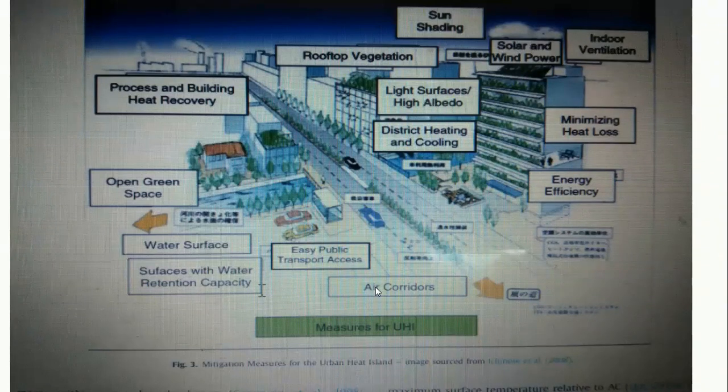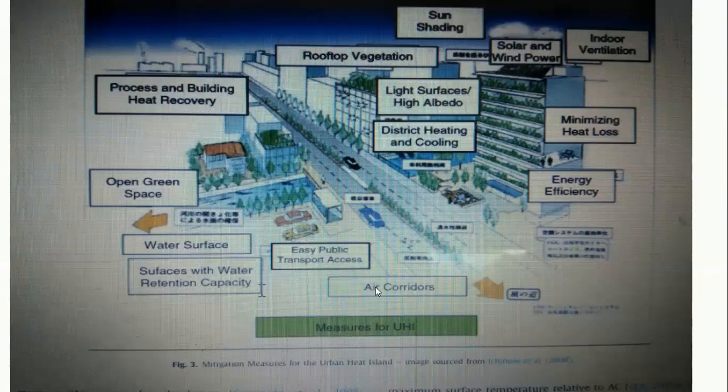So it helps to circulate the air, and the temperature can be released from the ground to the upper air layer. The actual result is that heat will not be trapped within the buildings, and it will be healthier. So these are the mitigations.